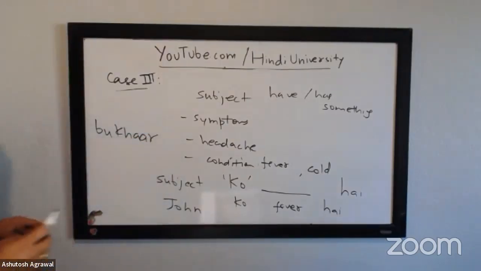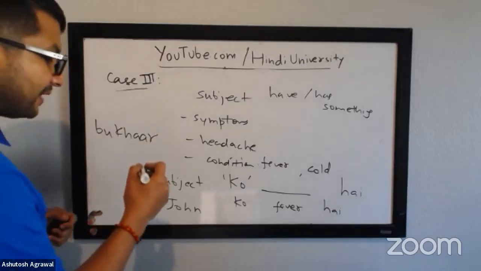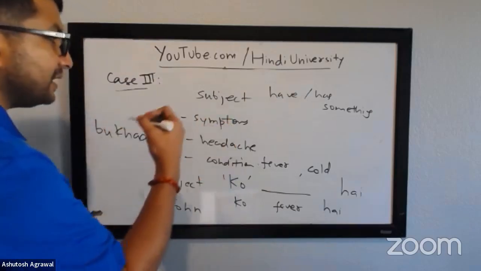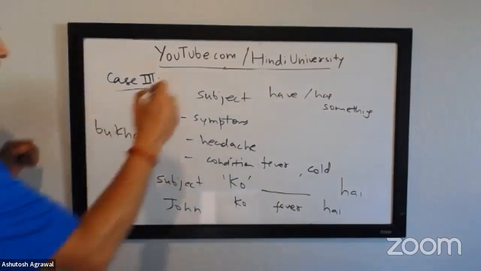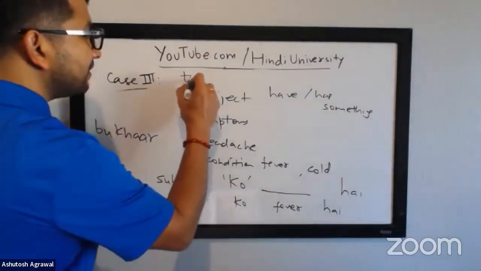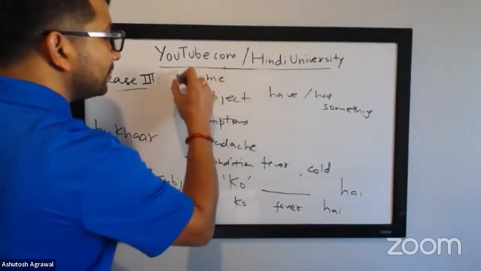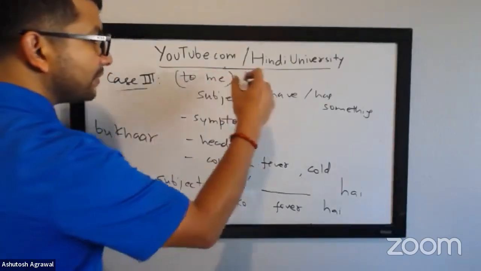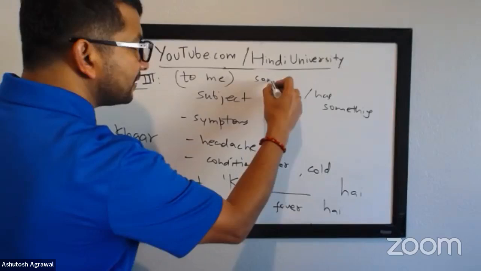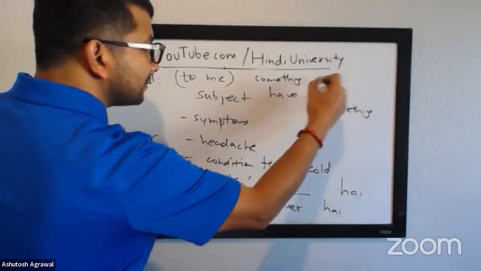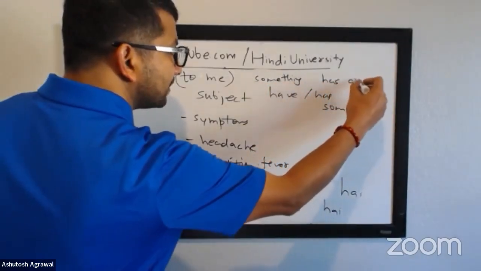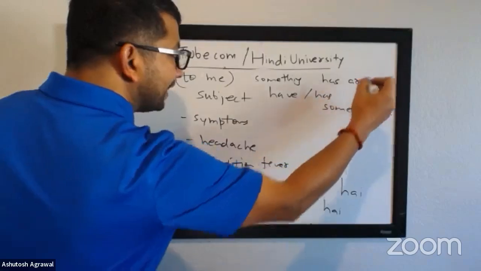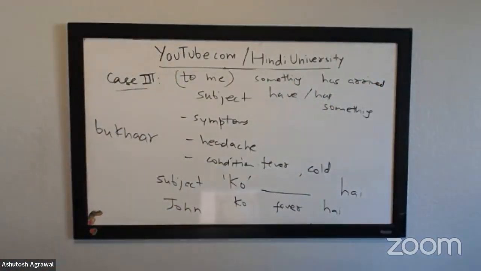John को बुखार है. Again there are multiple ways, but essentially the way it will get translated is to me, or to subject, something has arrived. Arrived in the sense like they are experiencing something, right?